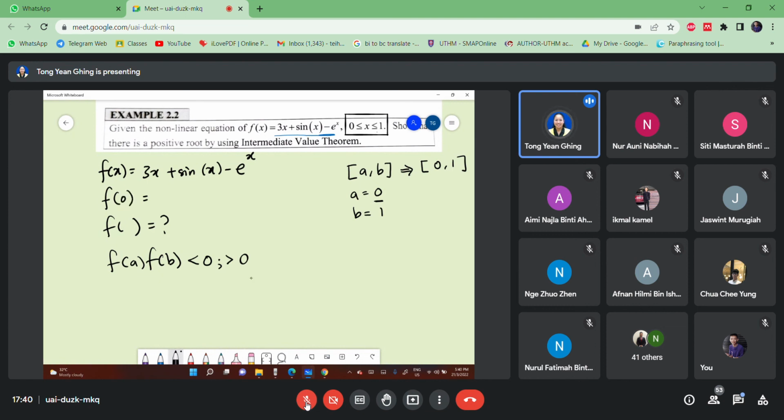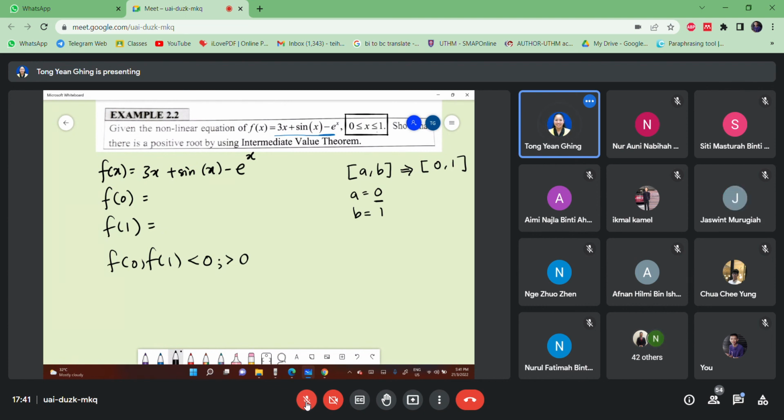This one is 0. This one is 1. So I will substitute the value of 0, and substitute the value of 1. Can you understand so far? Okay. Now we calculate the value of F0 and F1.